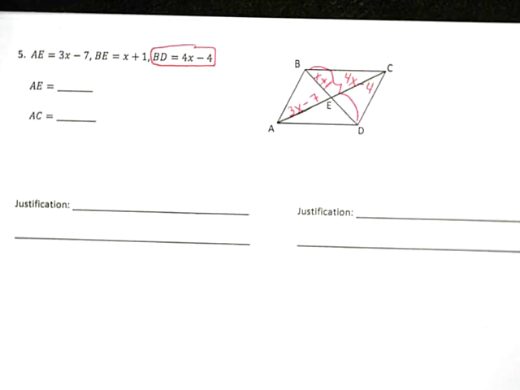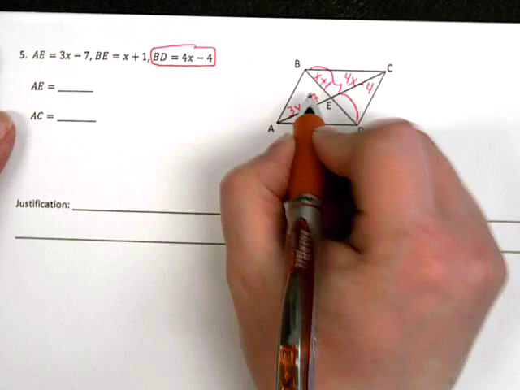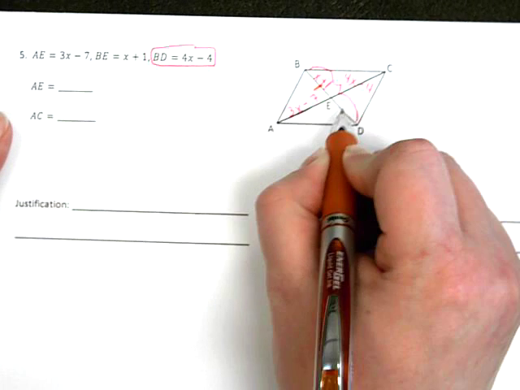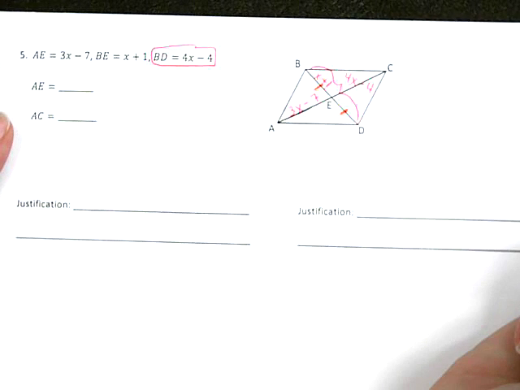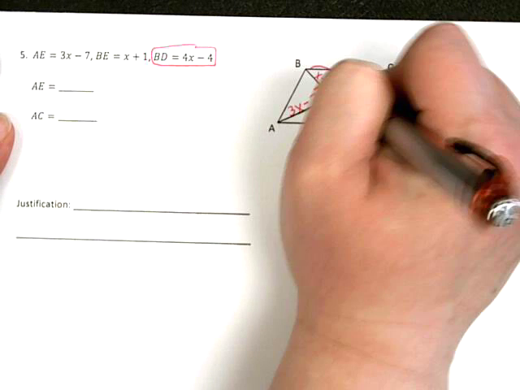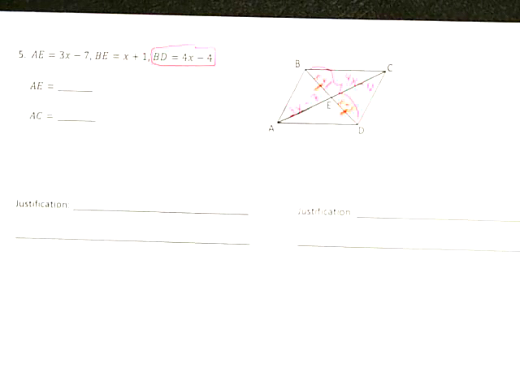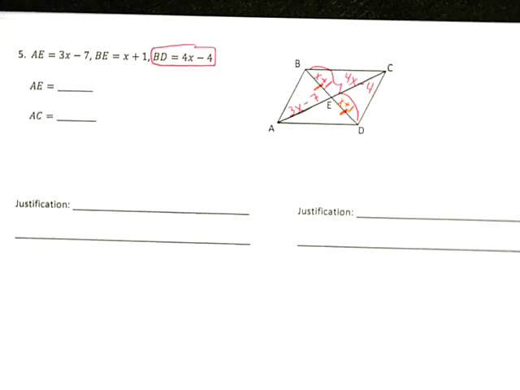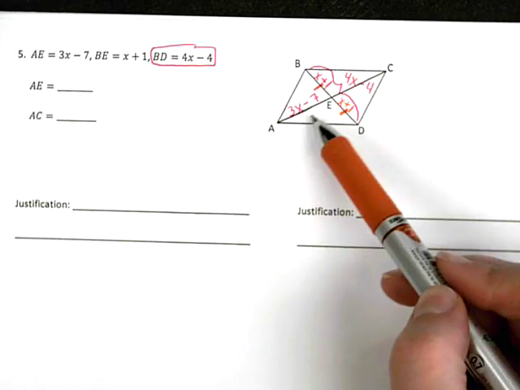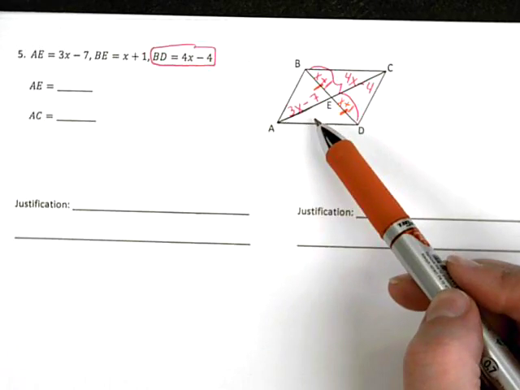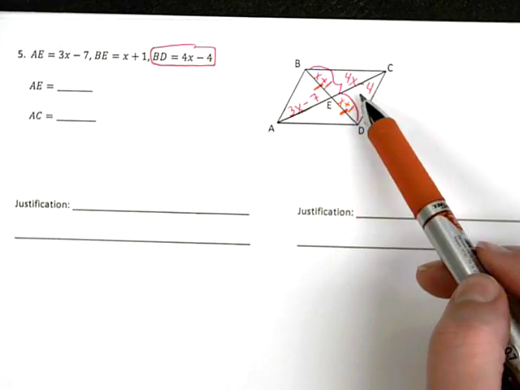The fact that diagonals have to be bisecting each other because we have a parallelogram, which means that segment BE is congruent to segment ED. That means that ED has to be x plus 1. Okay? And technically, if I wanted to, I could say then that EC has to be 3x minus 7. It doesn't really help me right now, but it might help me later.